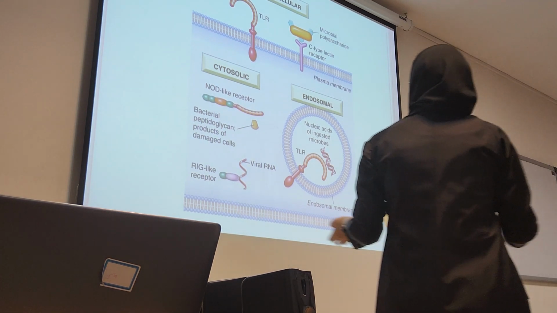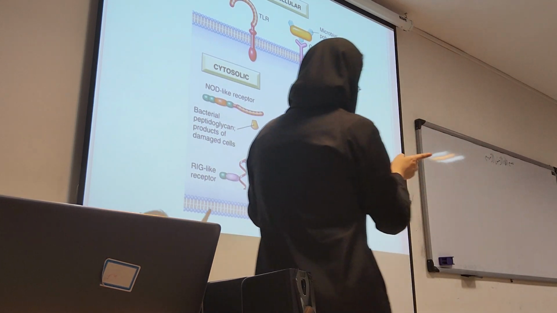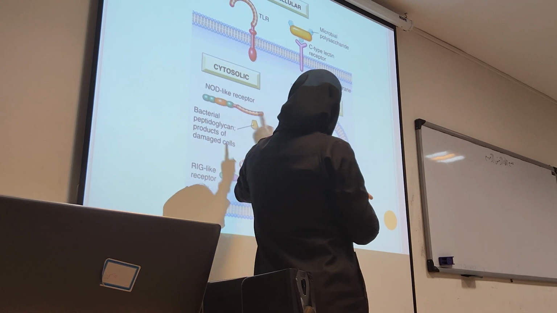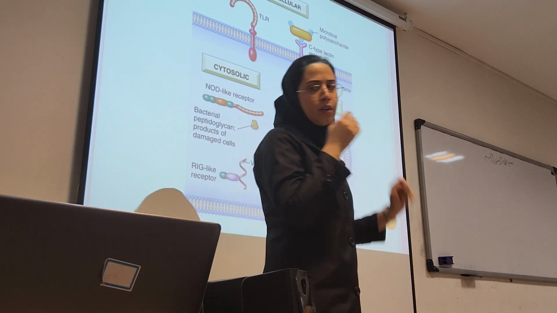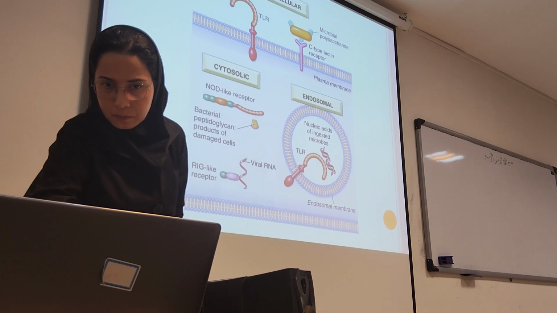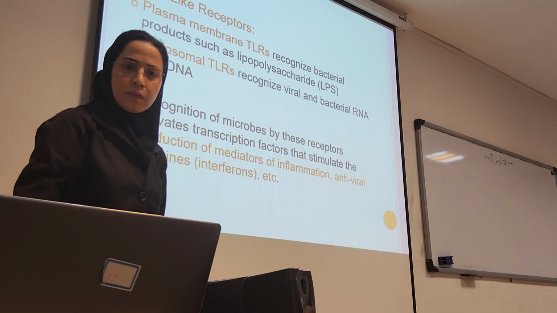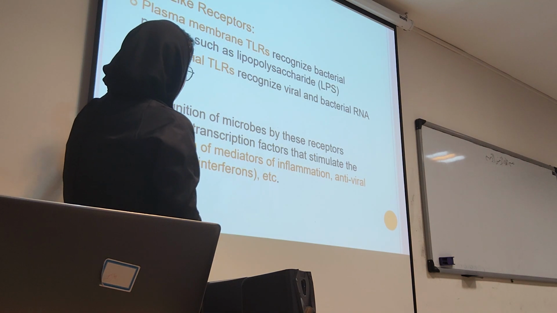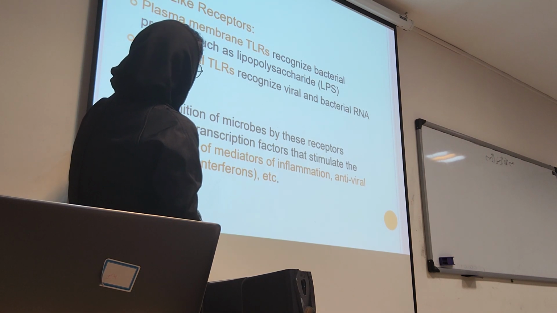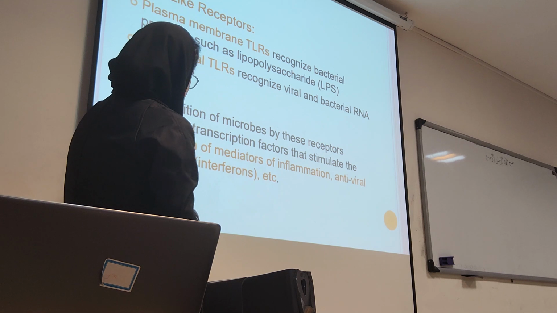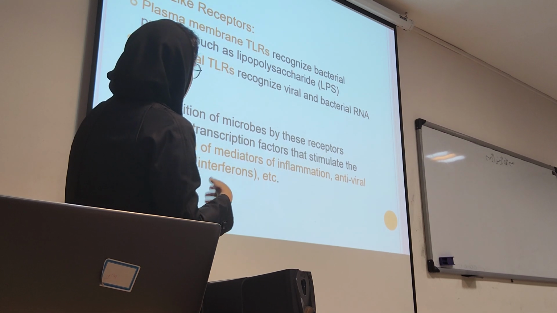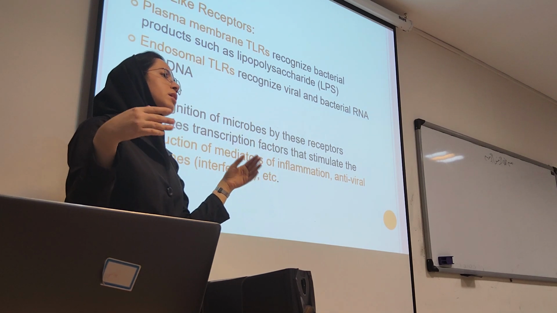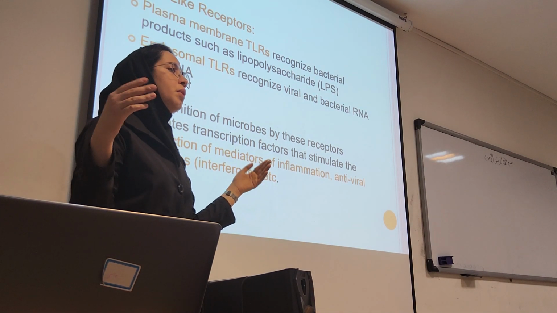So, we have two important types of receptors: toll-like receptor and node-like receptor. They recognize, as I told you, some motifs that are common against different types of microbes.